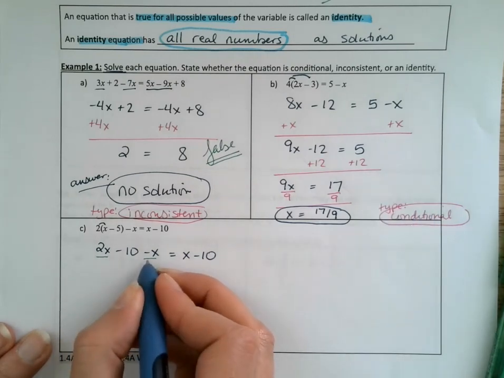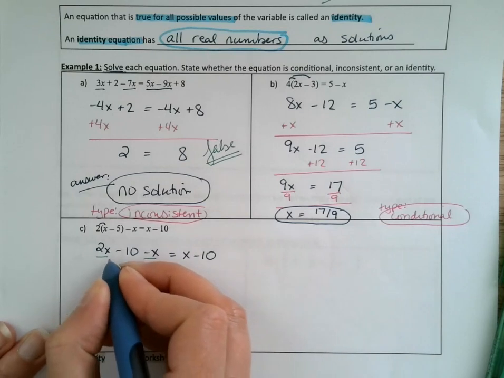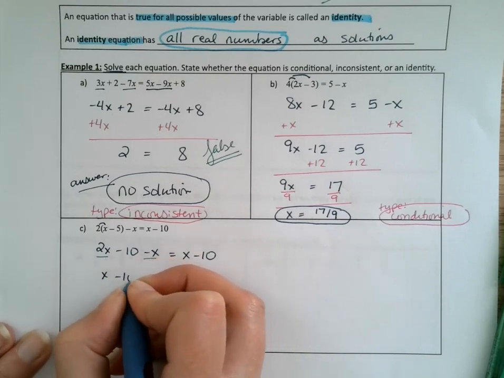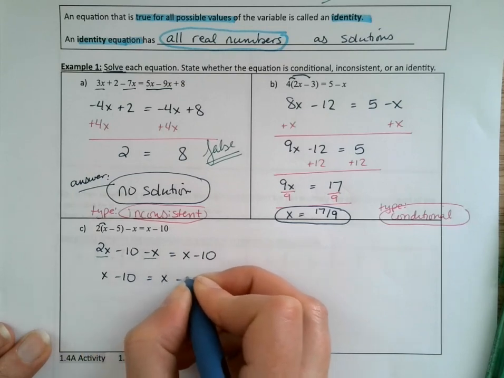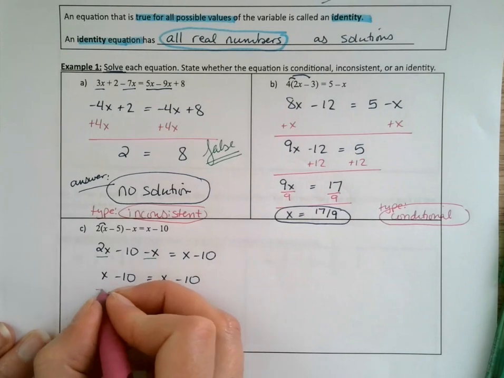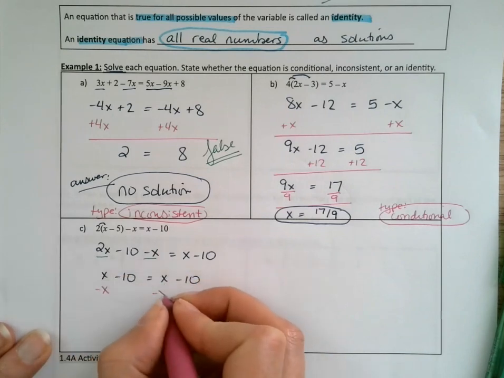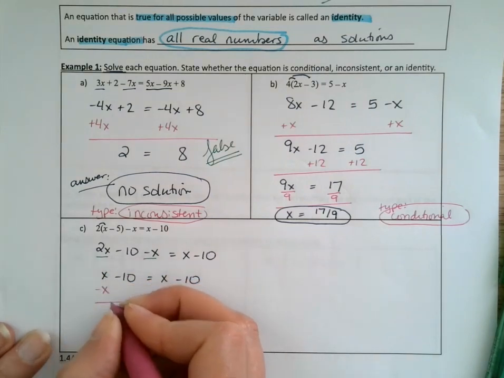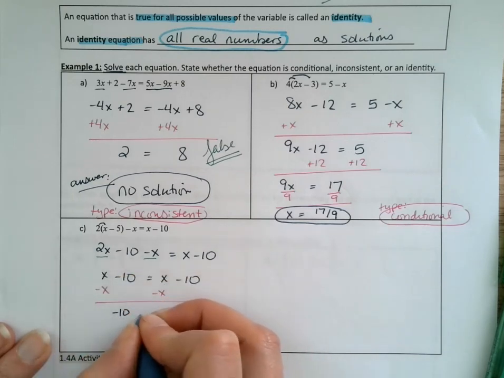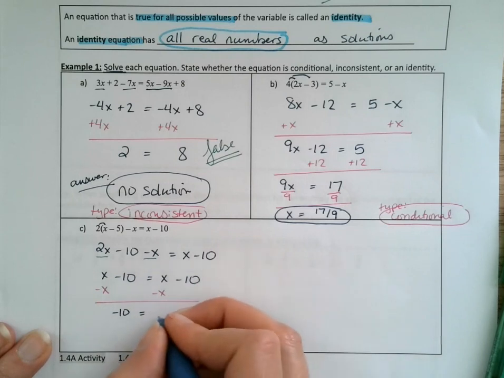I don't do opposites unless I'm going to the other side with it, so I just add up the two like terms. 2 minus 1 is 1, so I have x minus 10 equals x minus 10. When I try to get my variables on the same side, I'm going to subtract this x from both sides. Subtracting the x gives me no x, so I'm left with just negative 10 equals, subtracting the x, no x left, negative 10.